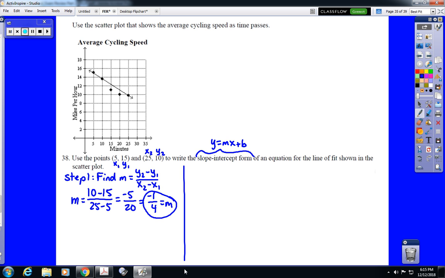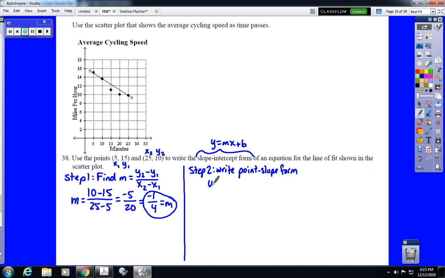Then we're going to plug into point-slope form.